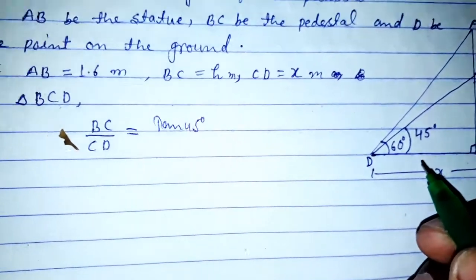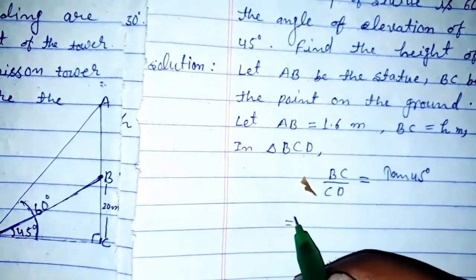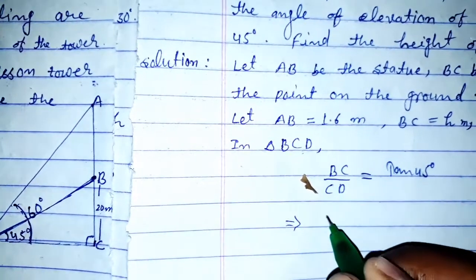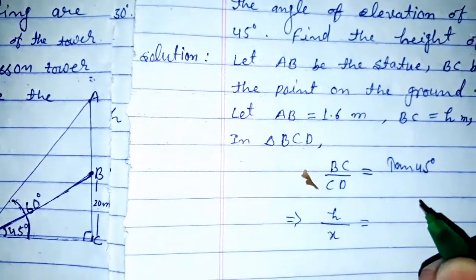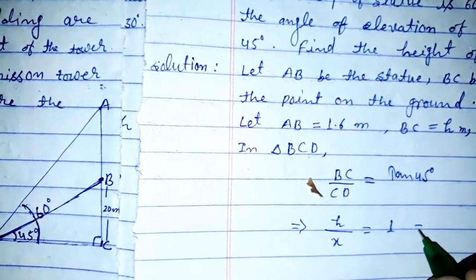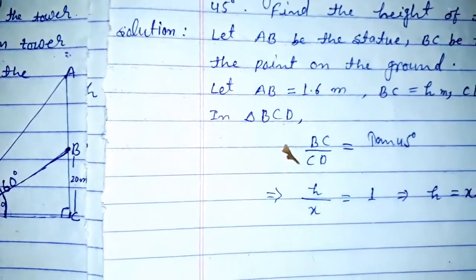Put the values: BC is H and CD is X. Tan 45 is 1, so H is equal to X.